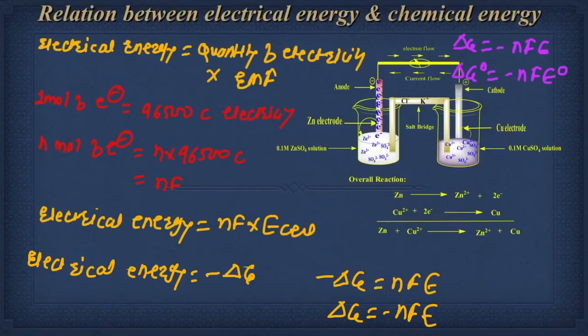In the standard state, that is at 25 degree centigrade temperature and 1 molar solution, we can write delta G standard is equal to minus nFE standard. So this is the final relation between the cell EMF of the system, or the electrical energy of the system, and the chemical energy, that is the Gibbs free energy. Okay, so now let's solve some problems.